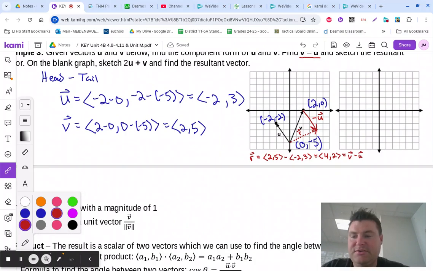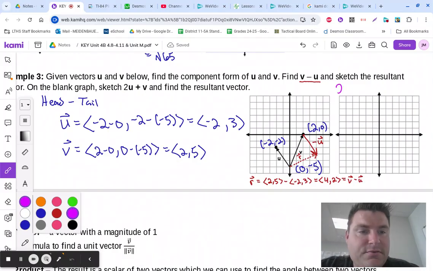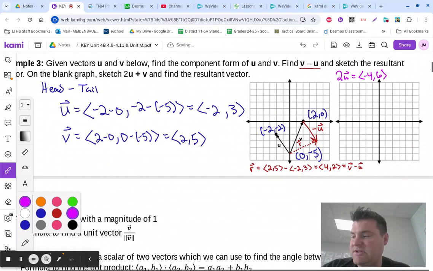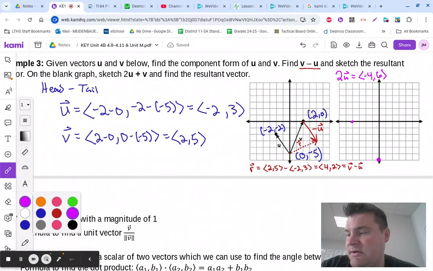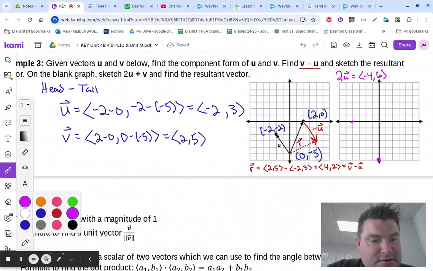Okay. So if I'm going to do this in purple now, if I multiply u by 2, that's going to give me -4, comma 6. I'm actually going to start right here for this tail for 2u, just because I know I need a lot of space. I'm going to go left 4, 1, 2, 3, 4, and up 6, 1, 2, 3, 4, 5, 6 right here. Let's make sure I count the right one. Yeah.